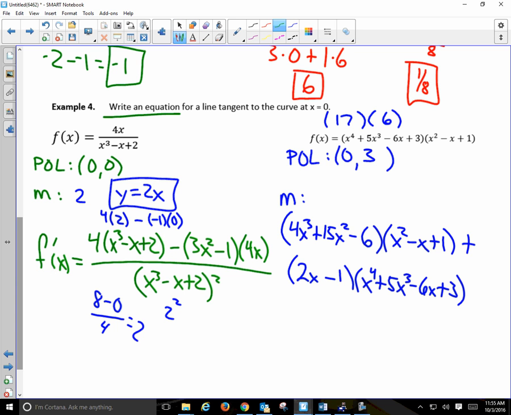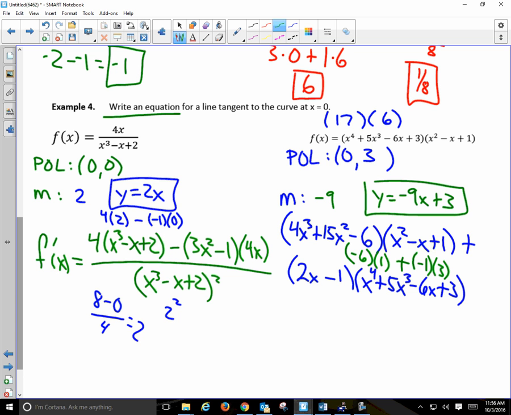Now what? Plug in 0. We get a negative 6 times 1 plus negative 1 times 3. So negative 6 plus negative 3 is negative 9. So y is negative 9x plus 3.